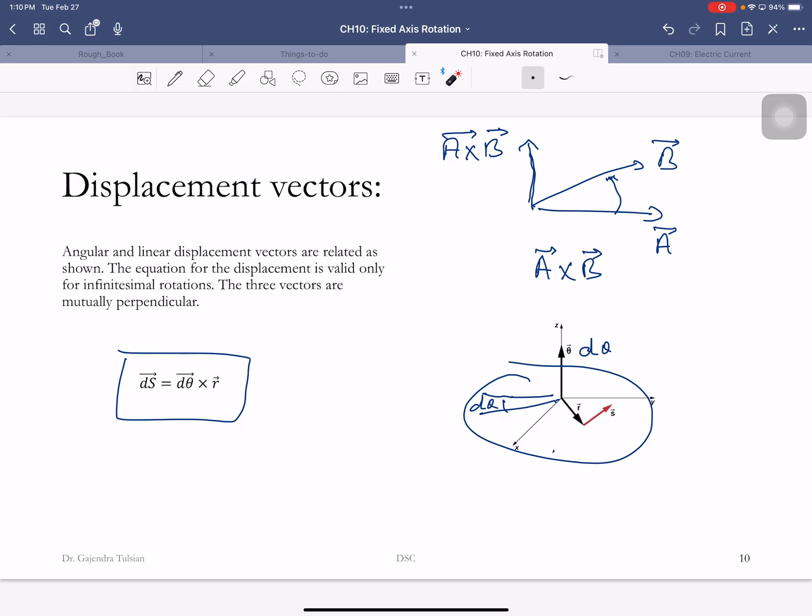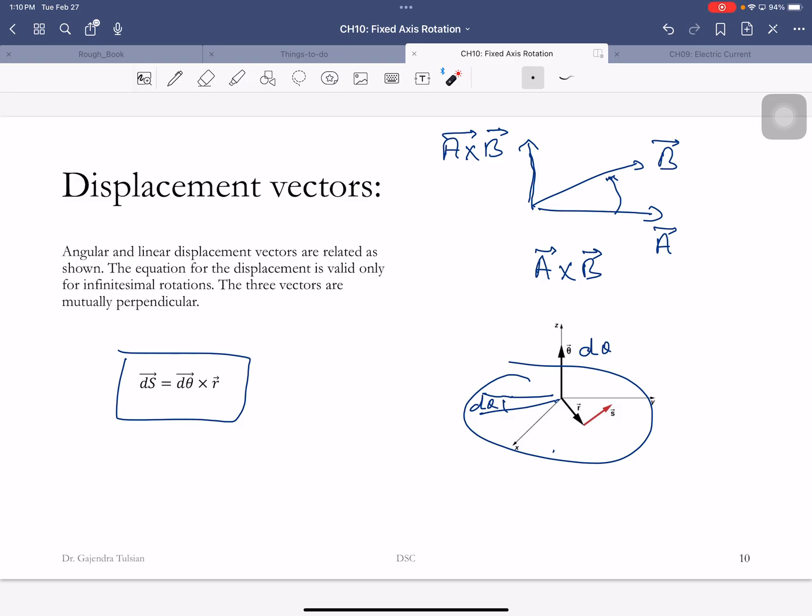Remember, it rotated like that. That's the direction. Now the question is, how much did this point move? What was the displacement of that point? That point is r from the axis of rotation. D theta cross r is a vector in this direction. That's ds. That's what it was given.